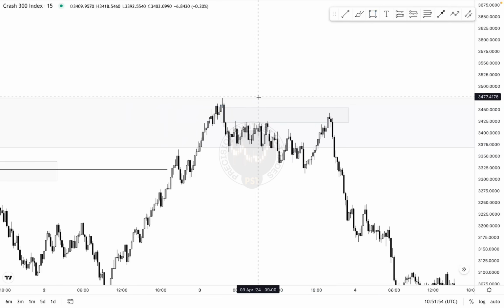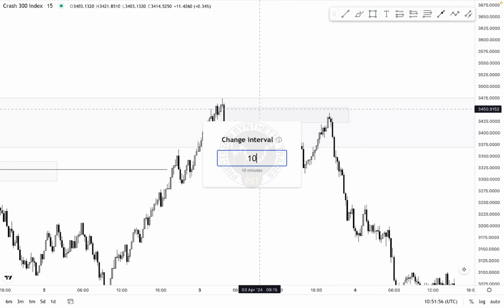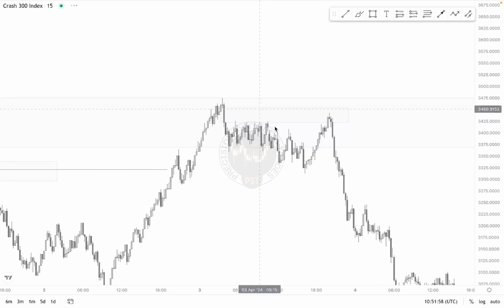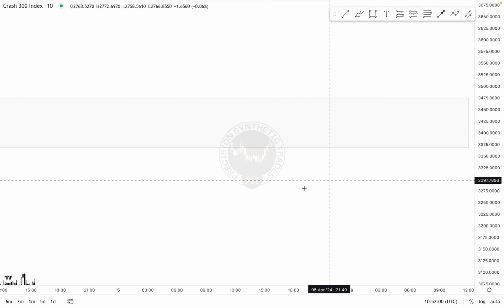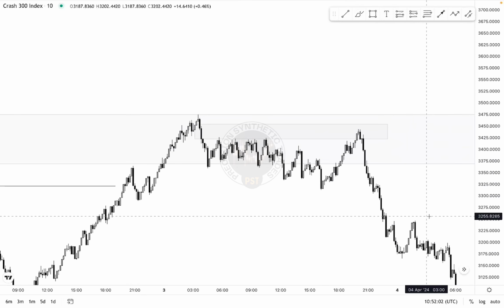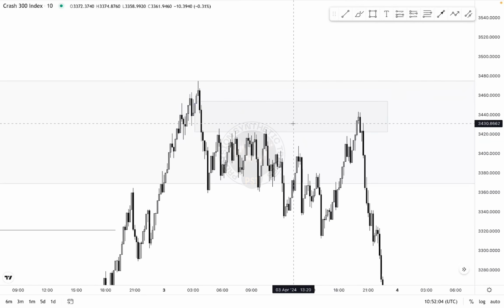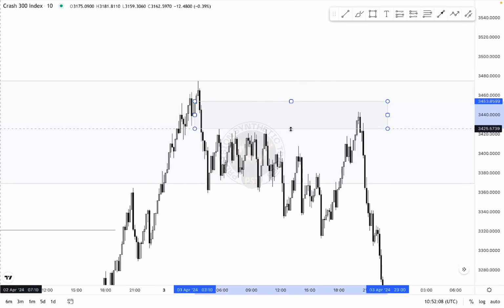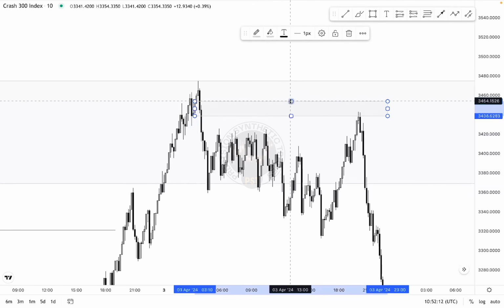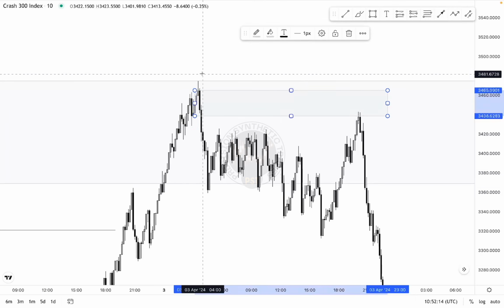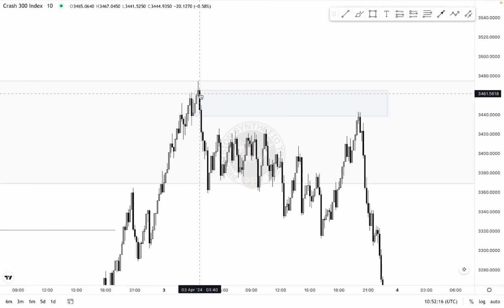Let's go down to the 10 minute. I think I've entered on the 10 minute. Yes, there we go. So I literally took this fair value gap there. Not the fair value gap, sorry, the order block. Those 4 consecutive candles, those were the order block.